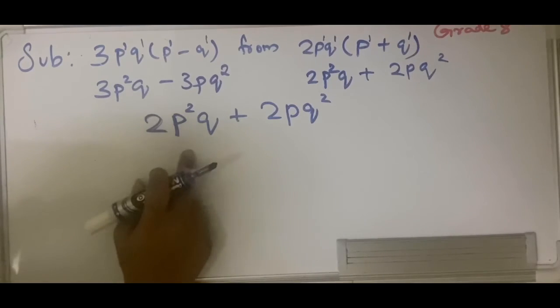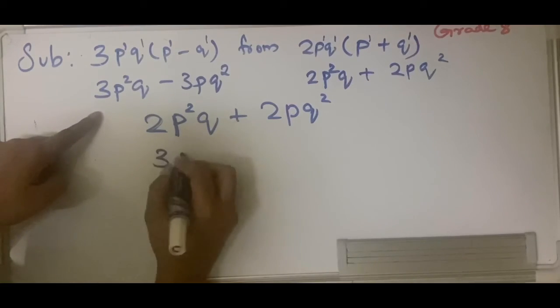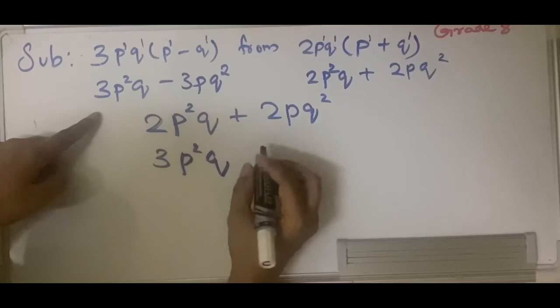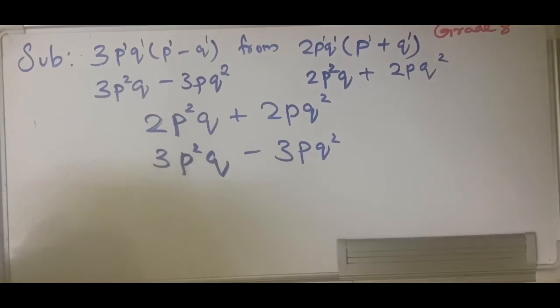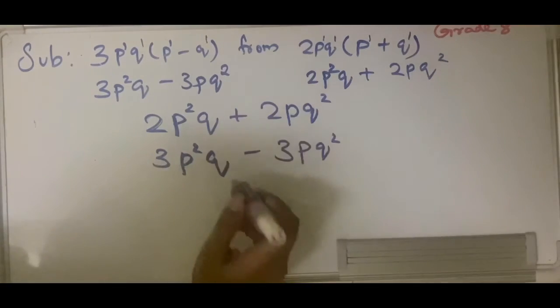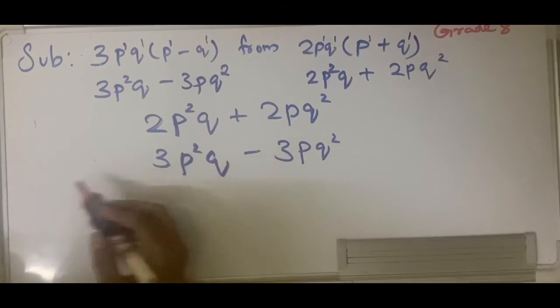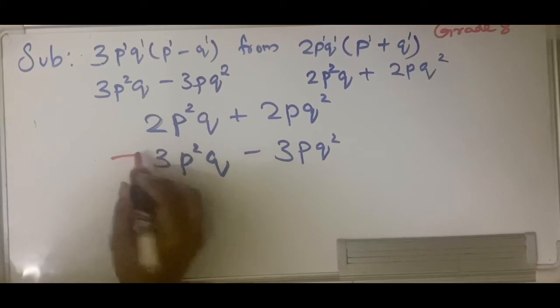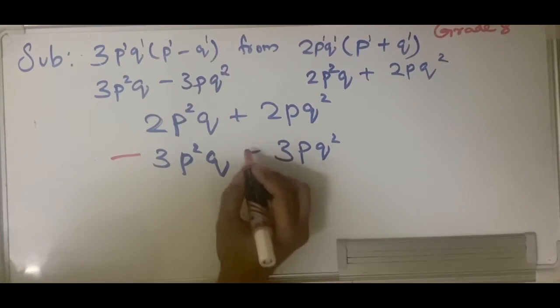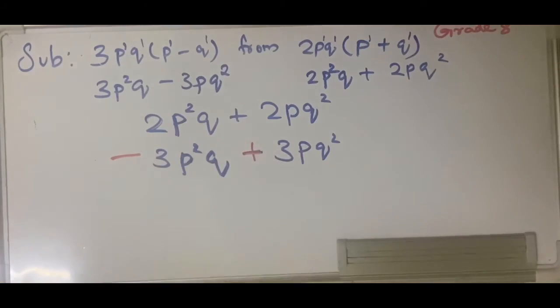So p square q comes under here, so I have 3p square q minus 3pq square, right? This is my second expression, and I have told you, when it comes to subtraction, just change the sign of your second expression. So no sign means it's positive, so you make it negative, and there is a negative sign already here, so you make it positive.